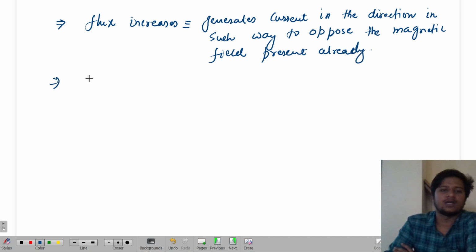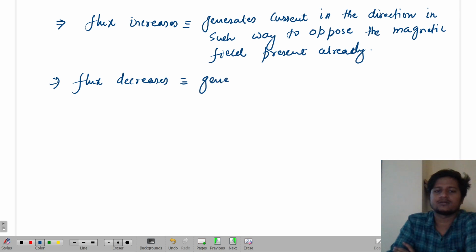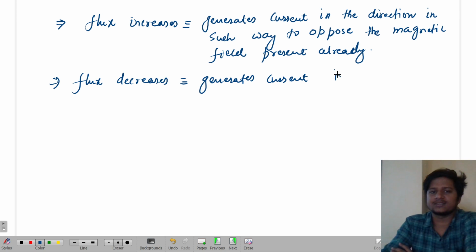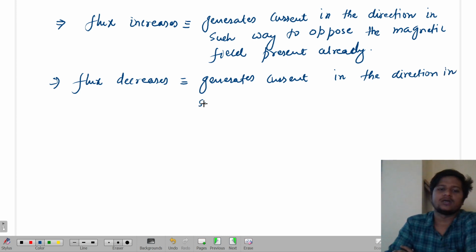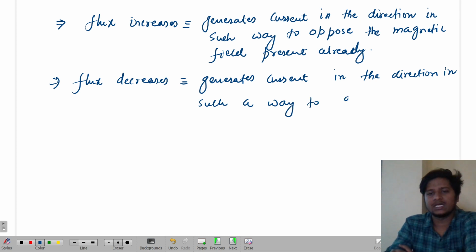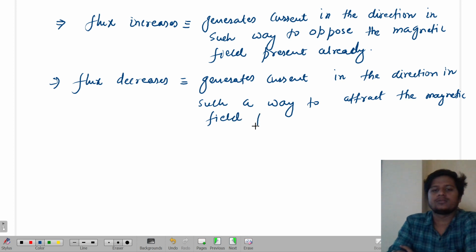Flux decreases, generates current in the direction in such a way to attract the magnetic field present already.